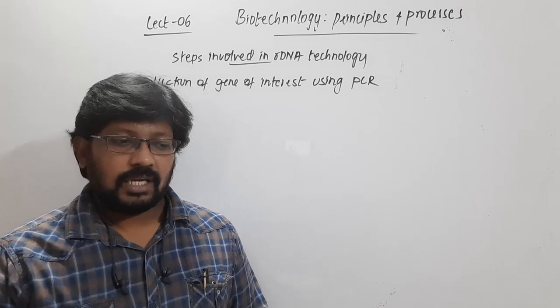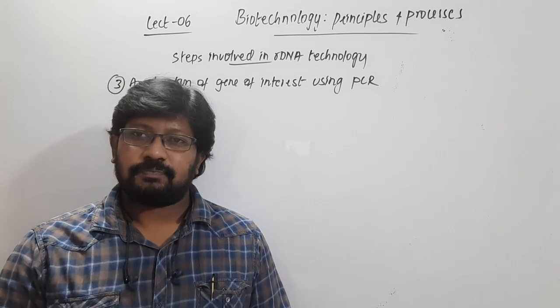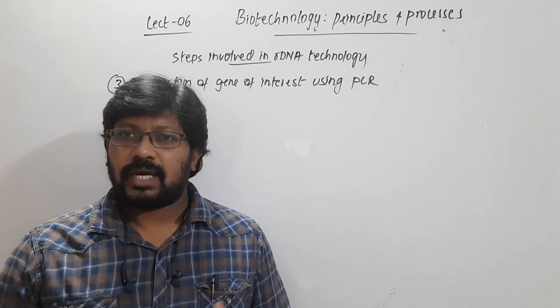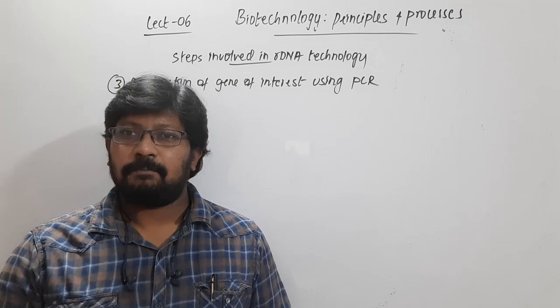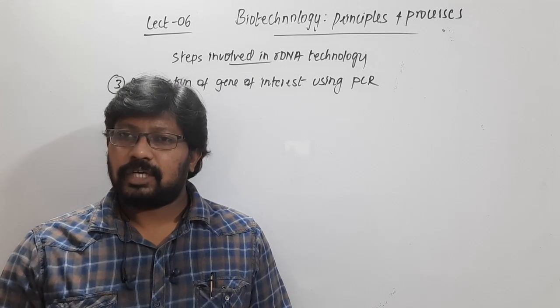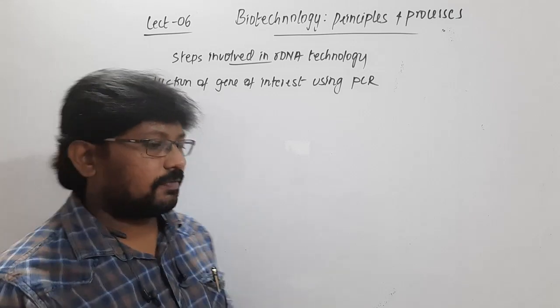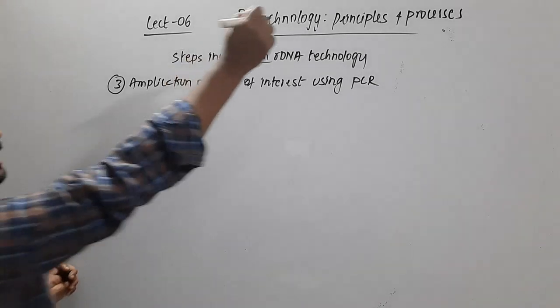Once we have identified the gene of interest, of course, you can make it into a number of copies by using the gene cloning process, or by making a number of copies within a very short period of time. So how is that possible?